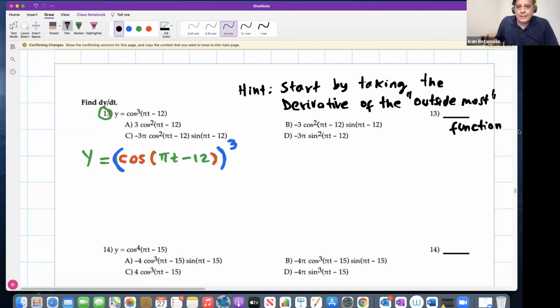Try that and tell us what the derivative is in case you finish. And remember, the derivative of sine is cosine, and the derivative of cosine is minus sine, right? Minus sine.